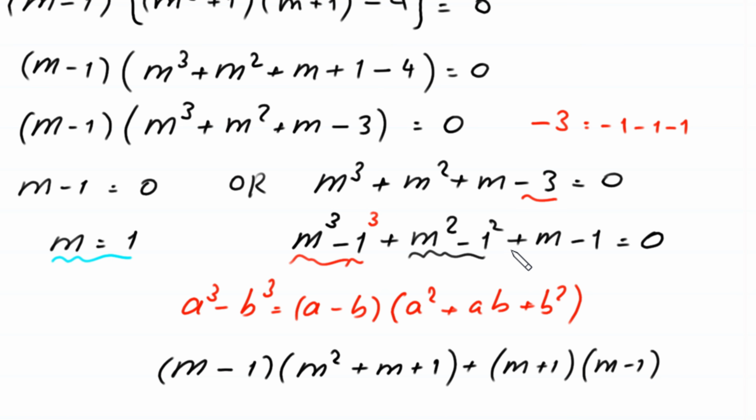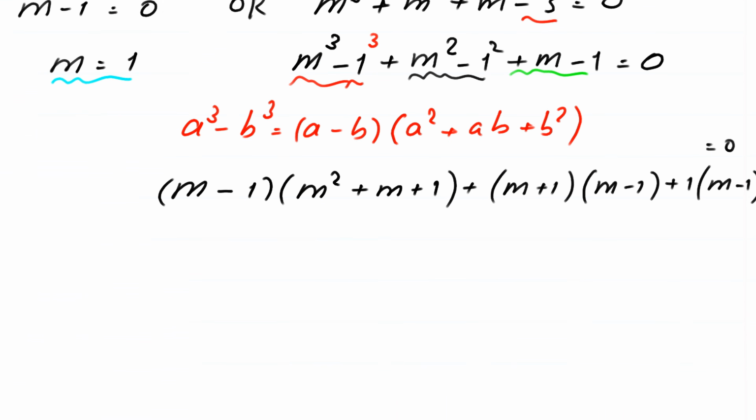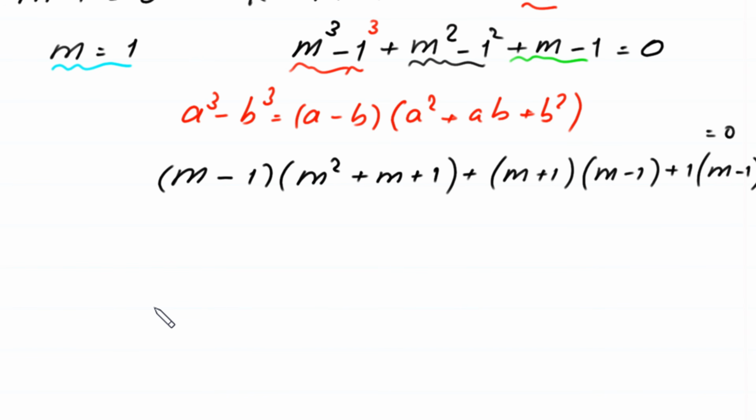And from these two terms plus m minus 1, we can factor out plus 1 as common factor, and in bracket left m minus 1, and this is equal to 0. Now as you can see, in all these three terms, this m minus 1 is a common factor.